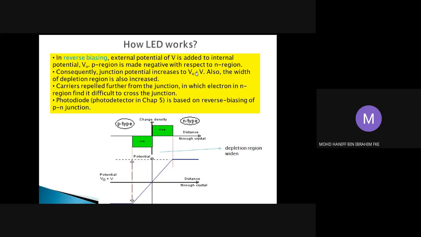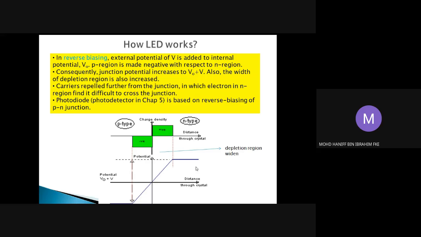Just to make it clearer, for reverse biasing, as opposed to forward biasing, the depletion region will be widened. When the depletion region is widened, the potential difference will be higher, so the electrons will find it difficult to cross over to the p-type.